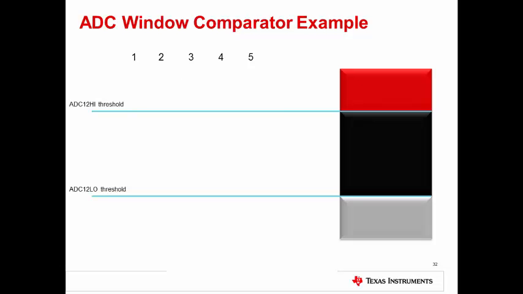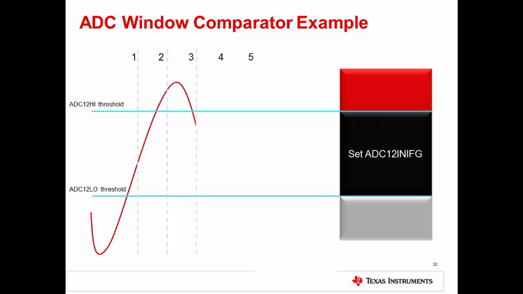This example shows what happens during 5 conversions using the ADC window comparator. The first sample falls between 2 thresholds, so it sets the ADC12 IN IFG flag. The second sample is above the high threshold, so it sets the ADC12 high flag. The third sample is between the 2 thresholds again, so it sets the ADC12 IN IFG flag.